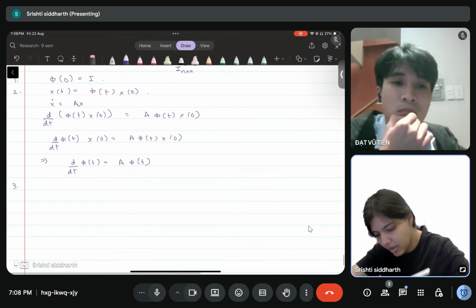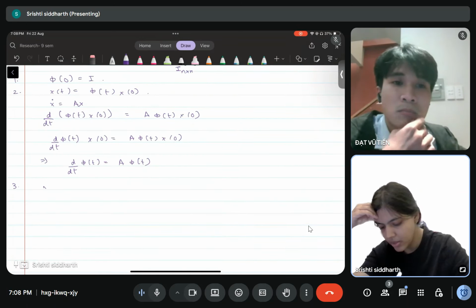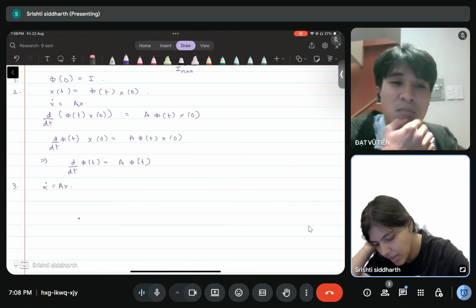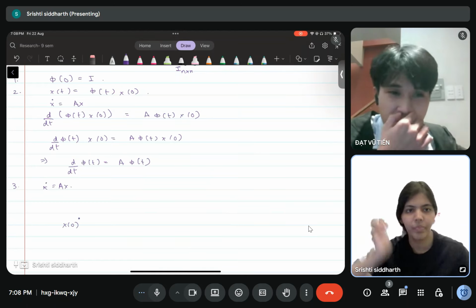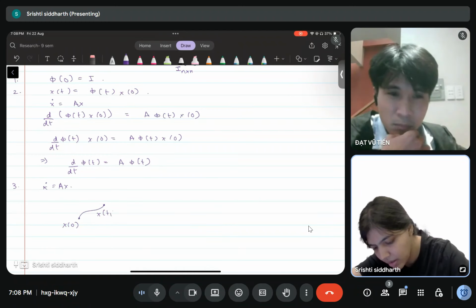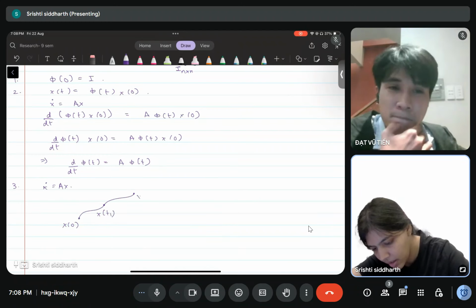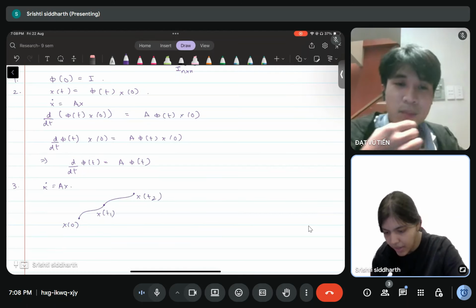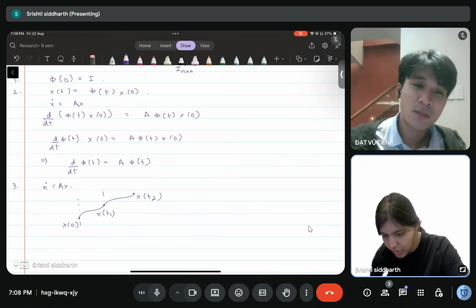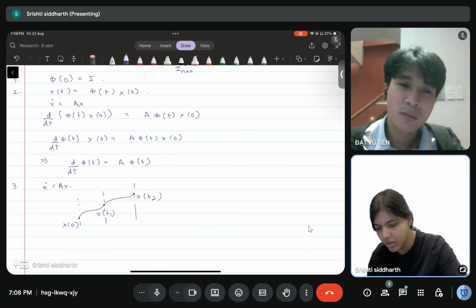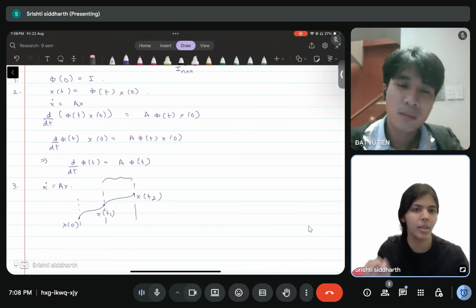So if we solve the system, let's say x dot equals Ax, what we have is a trajectory of states in time, right? We start somewhere at x equals 0. At time t1, let's say we are at t1 and then x at t2. So if we have a solution for this part, can we also have a solution for this as well without using the initial conditions?